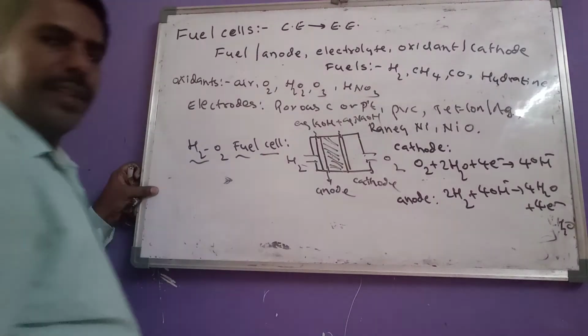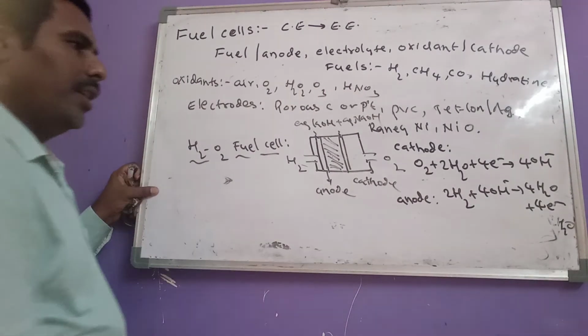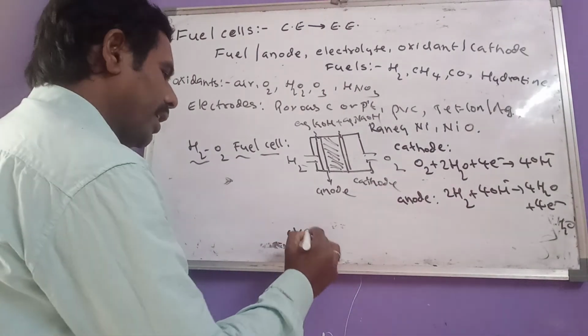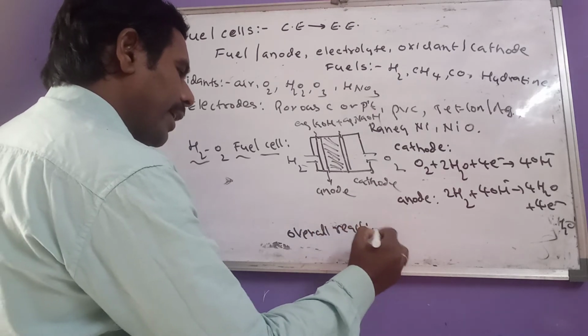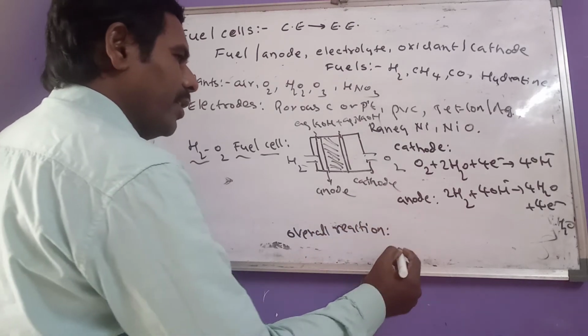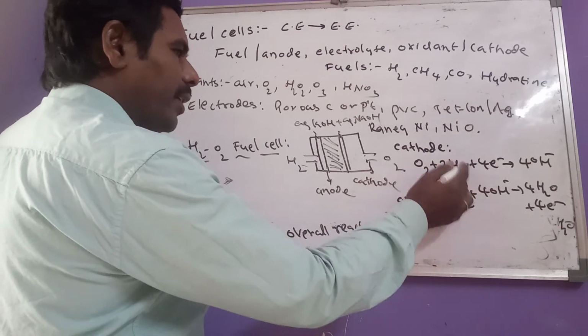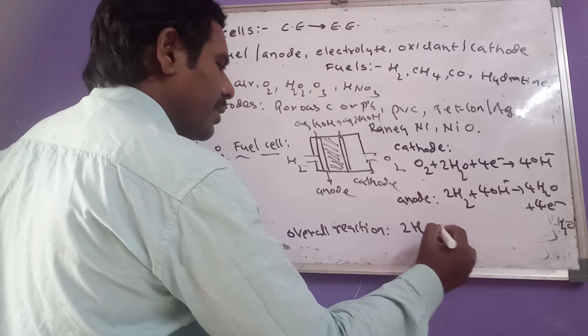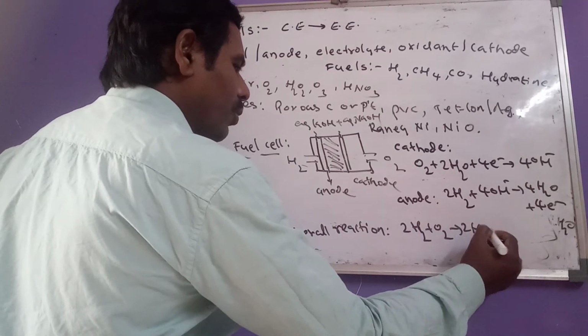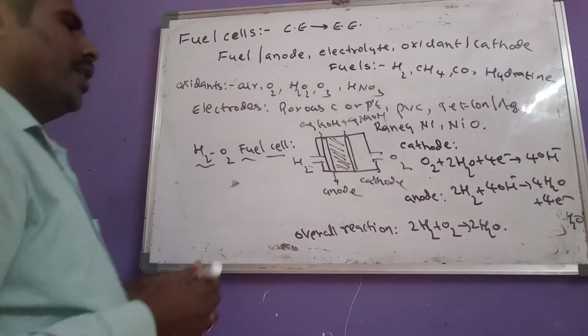This is the reaction taking place at the anode. Now the overall reaction taking place in this hydrogen-oxygen fuel cell, by adding these two reactions, is 2H2 plus O2 gives 2H2O.